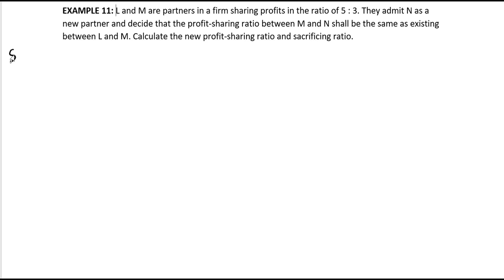So let's go ahead with the solution. In the problem, it's given that the old profit sharing ratio between partner L and partner M is equal to 5 is to 3. Further, N is the new partner.